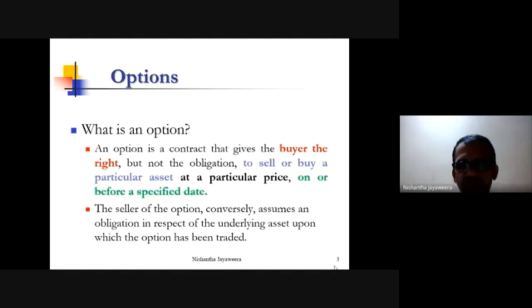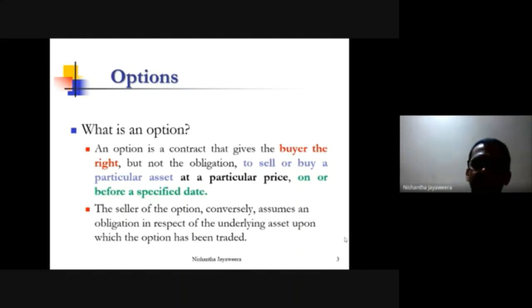But in an option, it's not the case. Not both parties have the obligation. Only the seller has the obligation, but the buyer has the right. Is it clear? Make it clear now. The buyer gets the right to do something. What to do depends on the type of the option. We will discuss that.